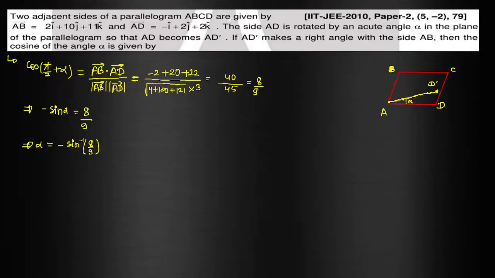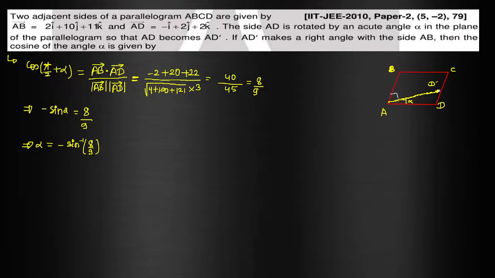Two adjacent sides of a parallelogram are given. Okay, so AB vector is given, AD vector is given. AD vector is shifted to this point by alpha, and then it becomes pi by 2. So we can say that the angle between AB and AD is pi by 2 plus alpha. So cos of (pi by 2 plus alpha) is AB dot AD upon mod AB into mod AD.